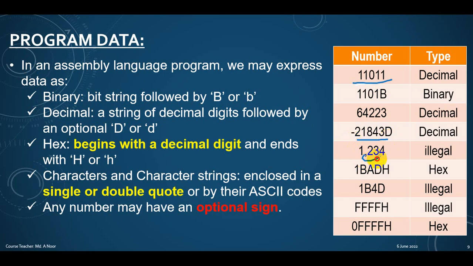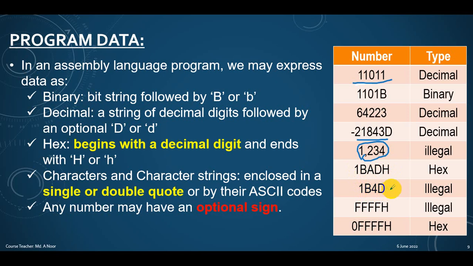Now this one has a comma, an illegal character. Your computer does not understand it, right? So it is illegal. Now this one: the last character is H and it starts with a number, so it is a hexadecimal value.